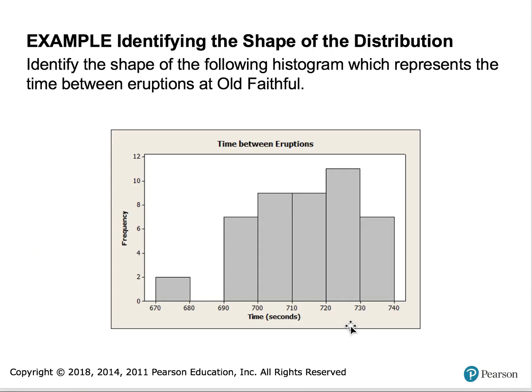Okay. For example, what do you think about this one? Identify the shape of the following histogram, which represents the time between eruptions at Old Faithful. I'm just going to have to find what I feel like best fits that.